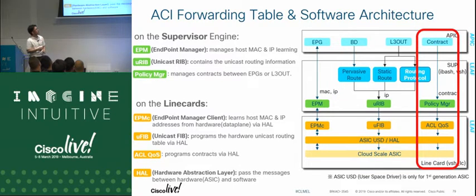Then the last one is about the contract. So contract is not really the scope of this session, but let's just quickly take a look because it basically does the same thing layer-wise. So we create the contract, and then we talk to the policy manager process on the leaf, and that will talk to the ACLQoS policy on the line card level, and then by using HAL, we install that information into the ASIC.